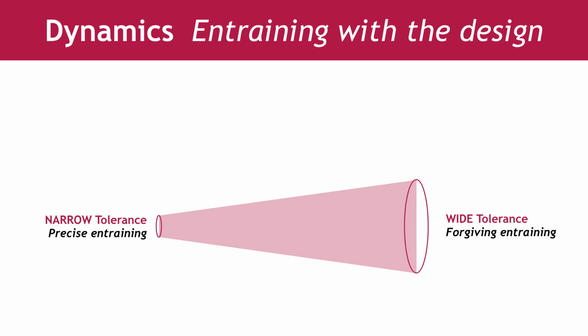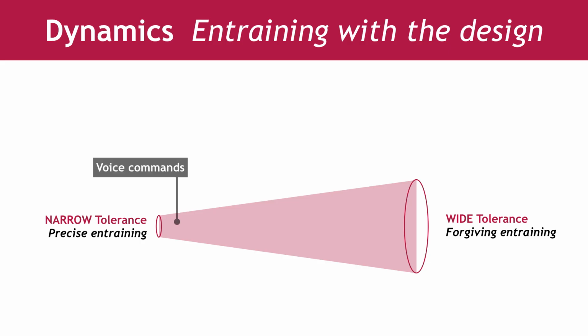So we talked about tolerance for imprecision, and we were talking about engaging in a visceral way, but language also has tolerance for imprecision. If we think about voice commands as they are now, there's a narrow tolerance for imprecision. You have to use a particular grammar, syntax.